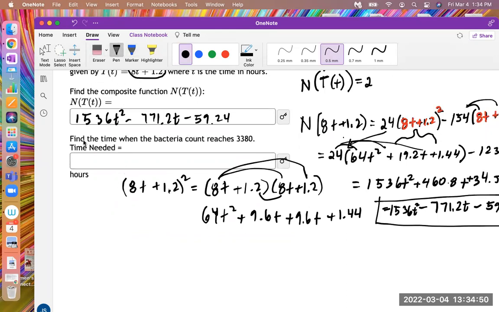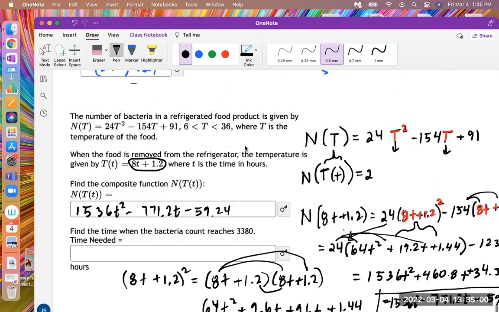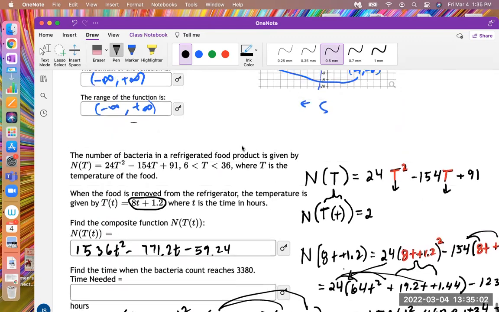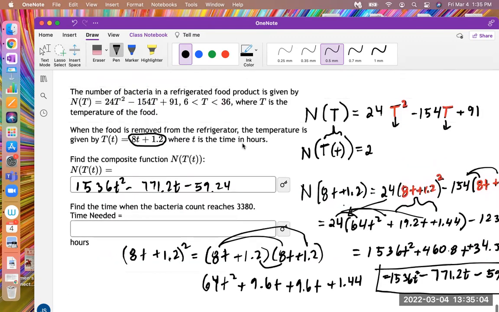Now the answer to the second part, find the time needed when the bacteria count reaches 3380. So let's think about these functions for a little bit.